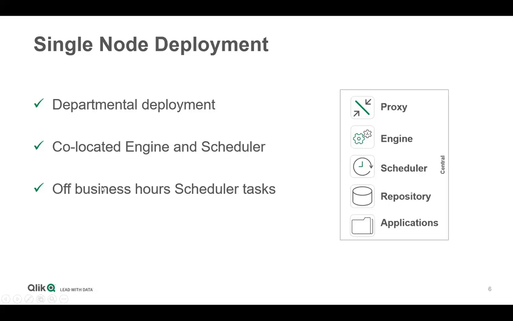Also, at the start, when there are not many apps, the number of tasks is also less. So quite often, when we start this single node deployment, the scheduler tasks can quite comfortably be scheduled at off business hours. That means the workload for the scheduler is not heavy as well.